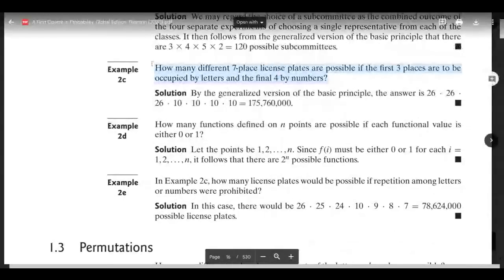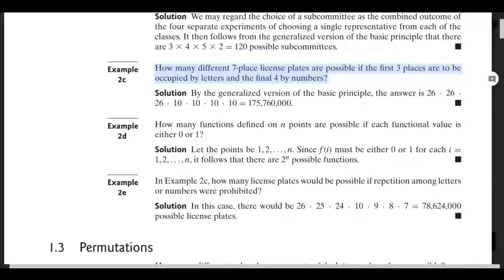Okay, let's see this one. So license plates, we have 7 places, and the first 3 we want to be letters. Letters means English letters, and the first 3 are English letters, and the last 4 are numbers, digits. So how many letters do we have? 26, right?